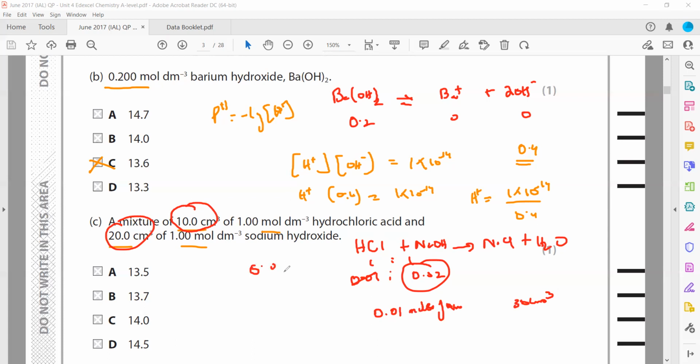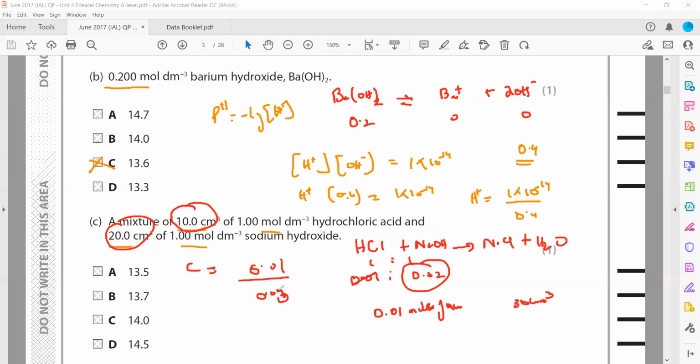So 0.01 divided by, because we are finding a concentration, moles divided by volume will give us the concentration. So 0.01 moles of sodium hydroxide divided by the volume, which is 0.03, the total volume of the solution.